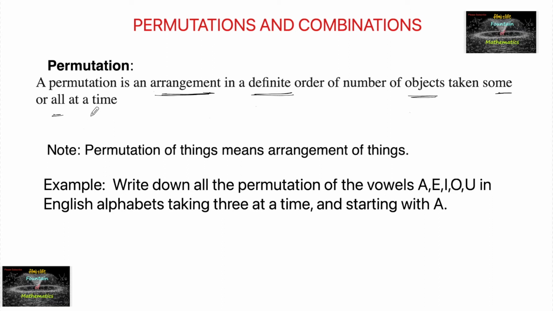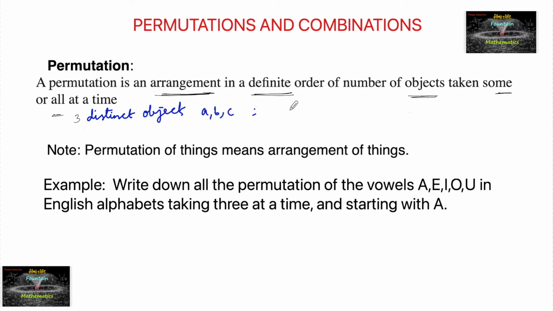Let us take an example. Suppose there are three different objects. Let me take three distinct objects: A, B, C. These are the three different objects.